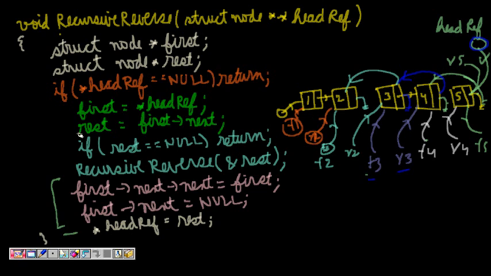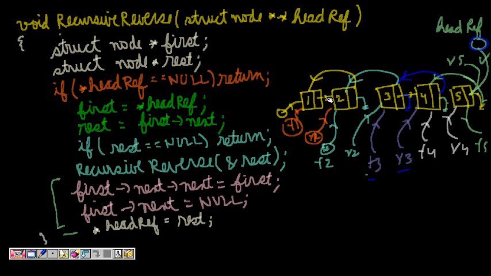So now we come to the first level of the function, F1 and R1. So F1 next next is equal to, so we are here, F1 next next is equal to F1 itself, and this one becomes null.